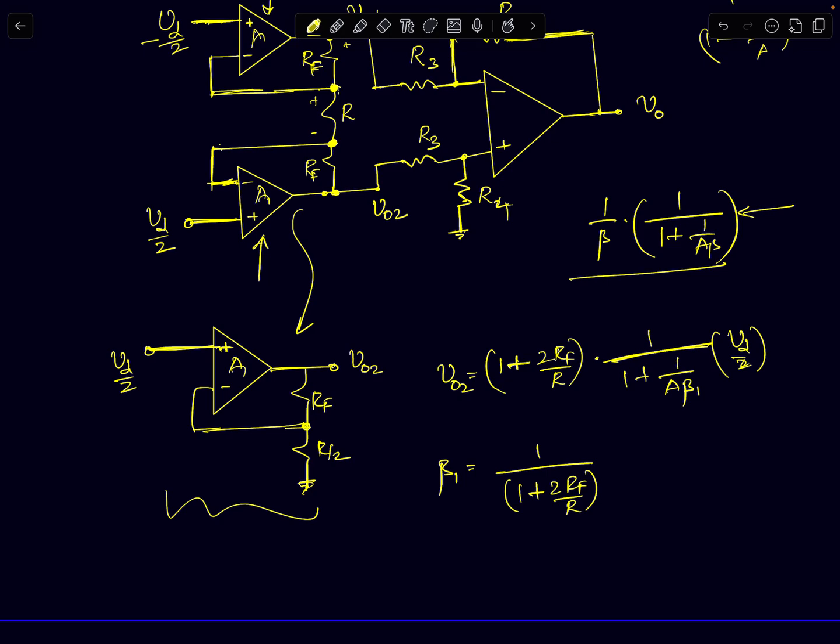So 1 by beta is the gain of the first stage, which is 1 plus 2 RF by R, multiplied by 1 upon 1 plus 1 by A beta 1, where A is the op-amp's gain.